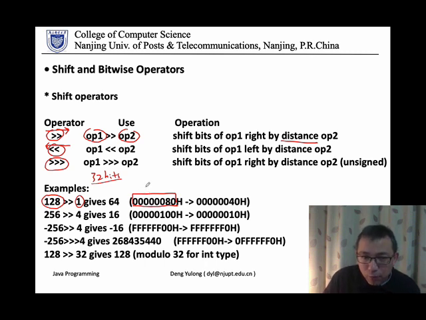If we want to truly understand how the shifting works, we should convert it to binary code to make the process clear. So we write this hexadecimal as binary code.